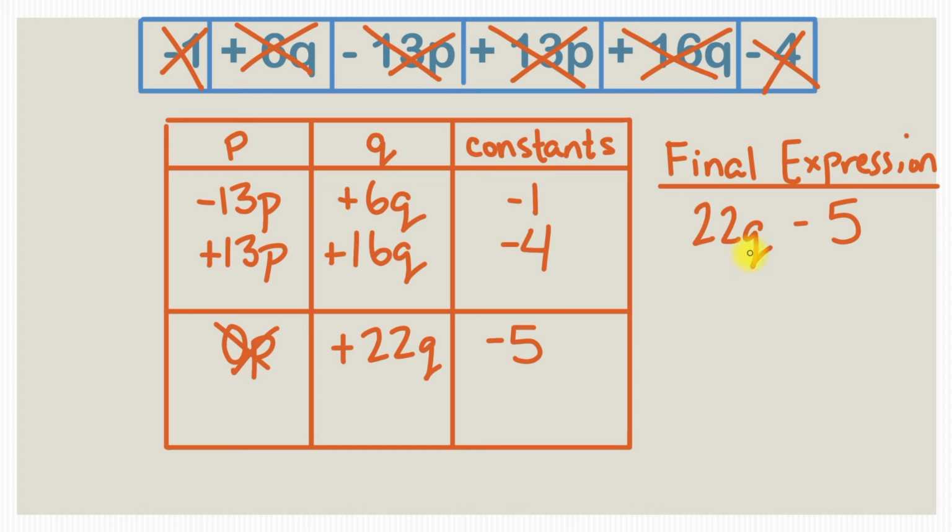So because this expression has positive 22q and -5, I could also write it as -5 plus 22q. This will work because this expression still has a positive 22q and a -5. It just has them in different places. But again, because it has both terms exactly the same as the first, it's equivalent and another possible answer.